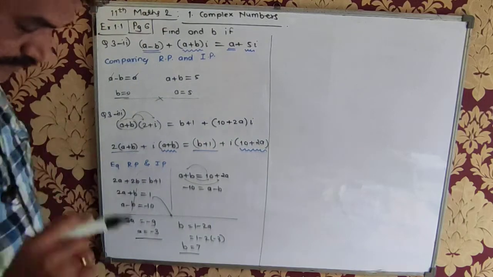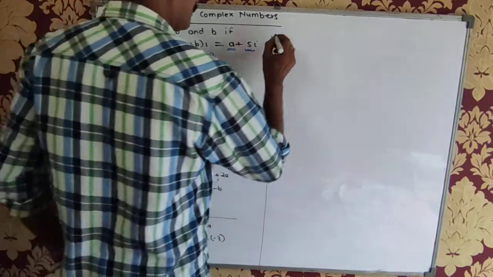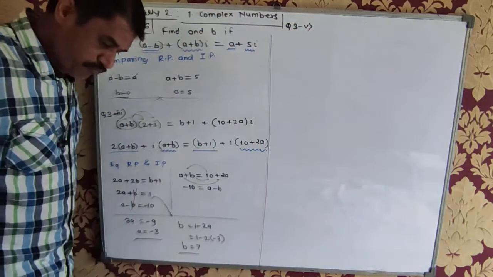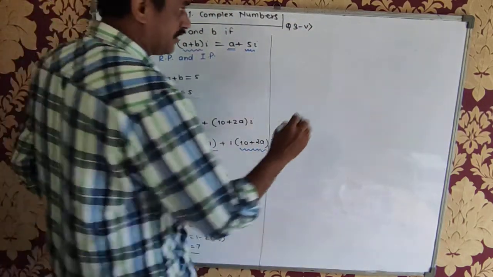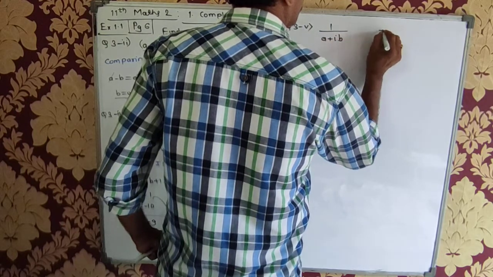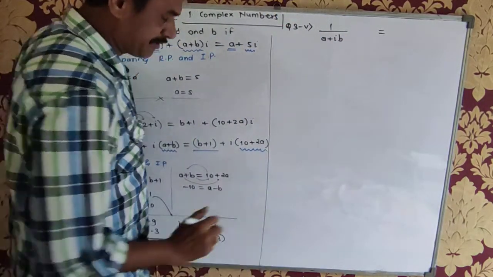Yes. Next question. 3 subpart 5. 1 upon (A plus IB) is equal to 3 minus 2I.